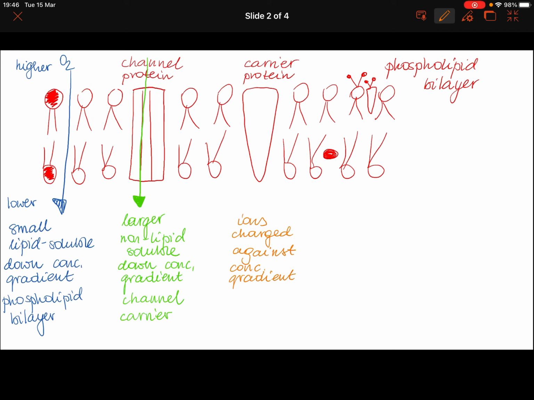This process, as it says, is active, so it requires ATP. And because we're moving charged molecules, it needs to happen through a protein. However, the protein responsible for active transport is the carrier protein.